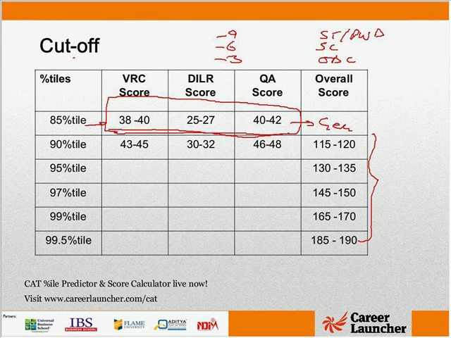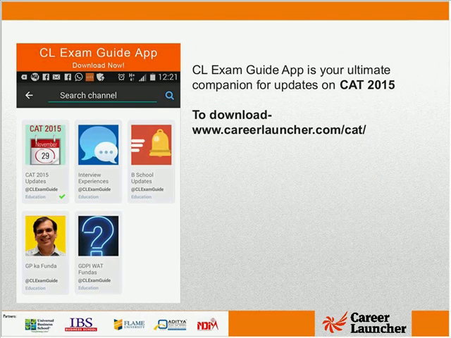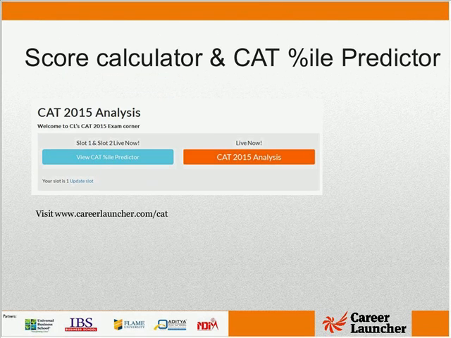Now, just to wind up the session, this CL exam guide is available. Please download it, and you can stay in touch with us in each of these areas, which is SNAP, PDP, and subsequent processes. And yes, as Gautam said, the percentile predictor is there.